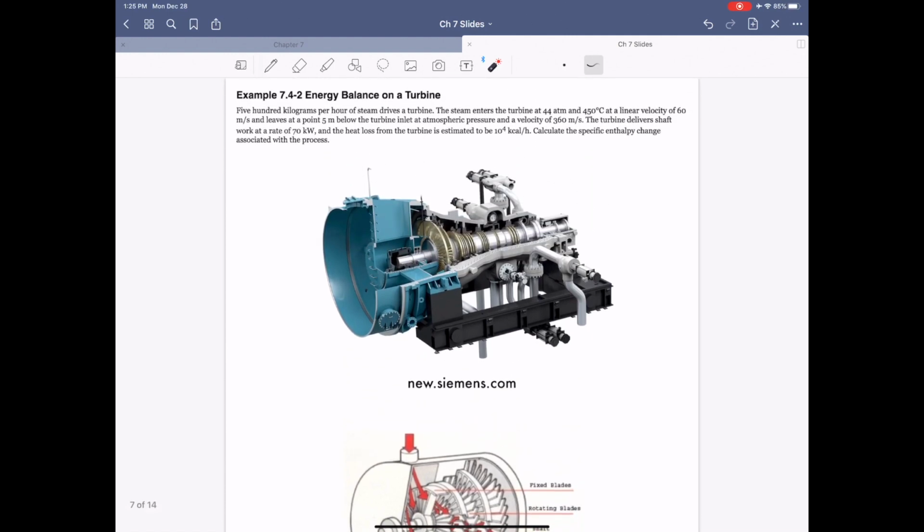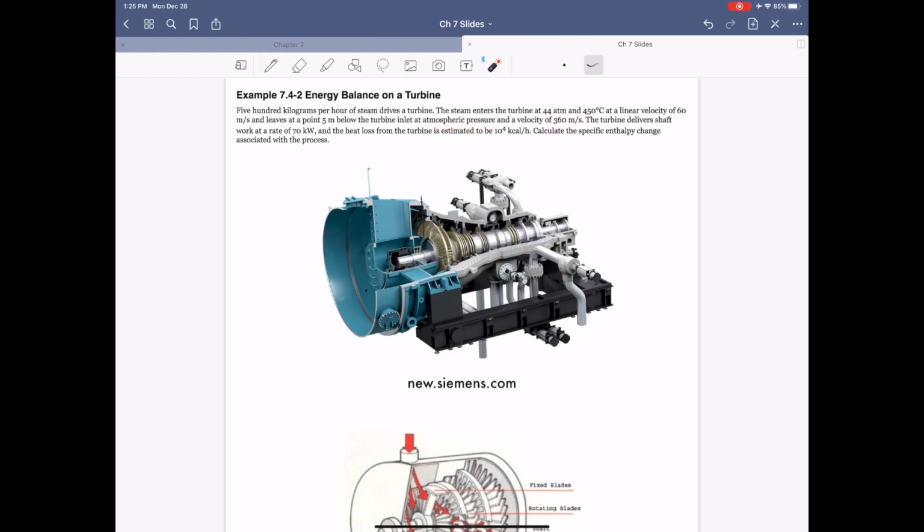So in this problem statement, what we have going on is we have about 500 kilograms per hour of steam entering into a turbine. The steam enters in at a pressure and inlet temperature and also inlet velocity. The steam then enters in at a point that's about 5 meters below the inlet of the turbine, and it also exits at a different pressure and exit velocity.